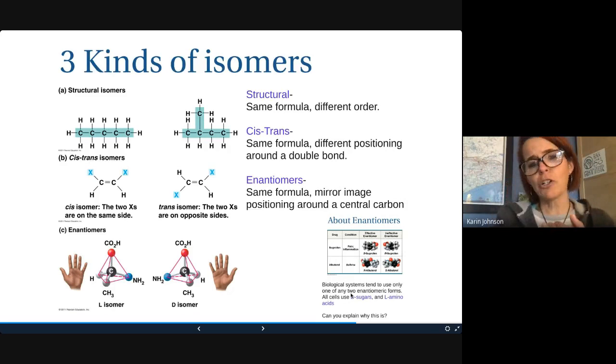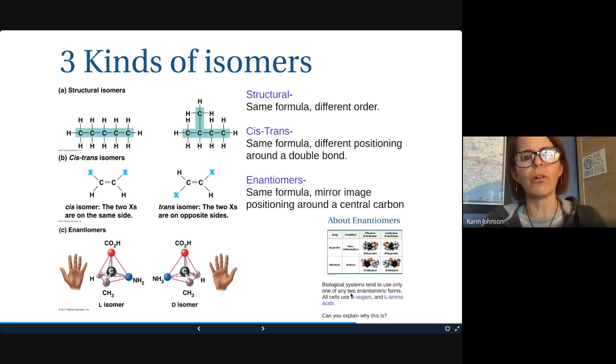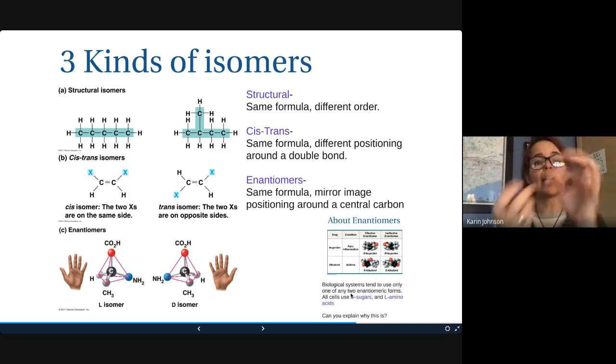There are structural isomers, which are just what we just said, the same formula but a different order. There are also cis-trans isomers. And yes, this is where the terms cisgender and transgender come from. They've been arranged in a different way around a double bond. Single bonds can rotate.